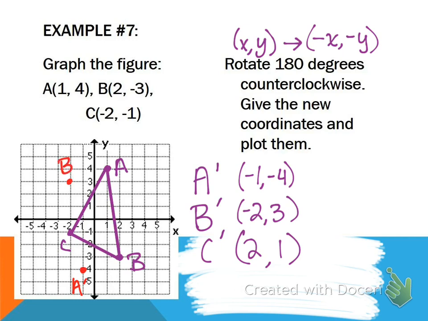And 2, 1 is over here. C prime. Connect those. Oh, I forgot my prime. There we go. Okay, and we can see up here that we just took it and flipped it around upside down.